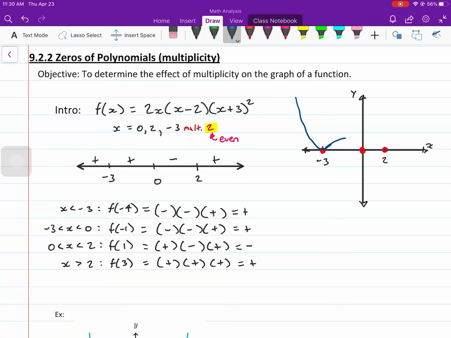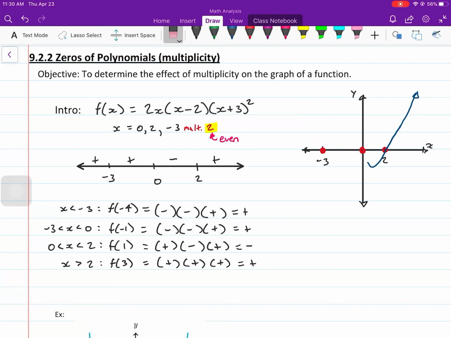Then once it gets over to 0, it goes through, because now it becomes negative. It goes from positive to negative. And then after that, from negative to positive, so at this 0, it's going to go through. And it just stays positive till infinity.